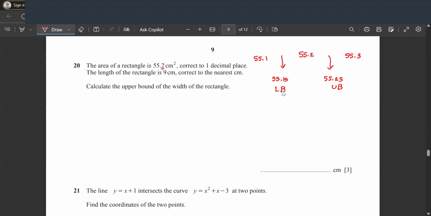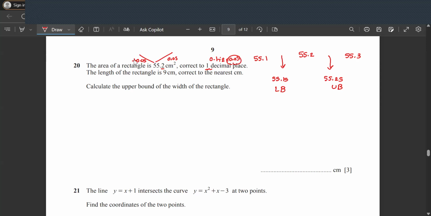If you use the other way, 1 decimal place means 0.1, right? Divided by 2, it will be 0.05. Add 0.05 to get the upper bound and subtract 0.05 to get the lower bound.